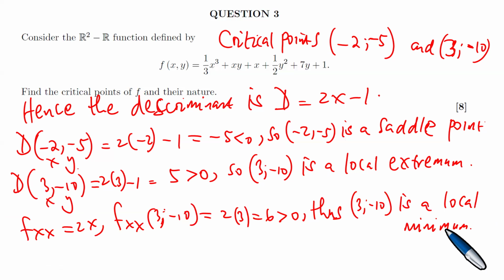As much as also the discriminant is bigger than 0, it becomes a local minimum. Otherwise, it becomes a local maximum. Now, we need to spend a bit more time on the classifications of these, because there are lots of classifications that we need to learn, and I'm here to spend more time on this section of critical points and their nature.